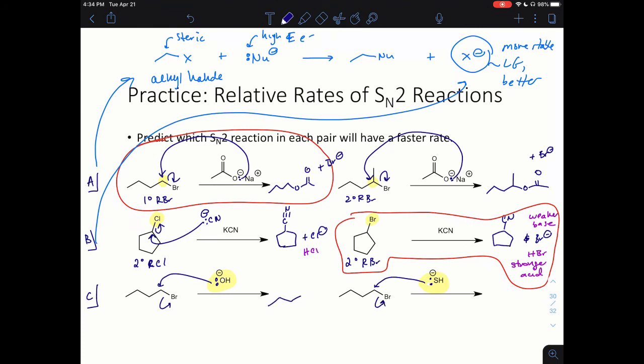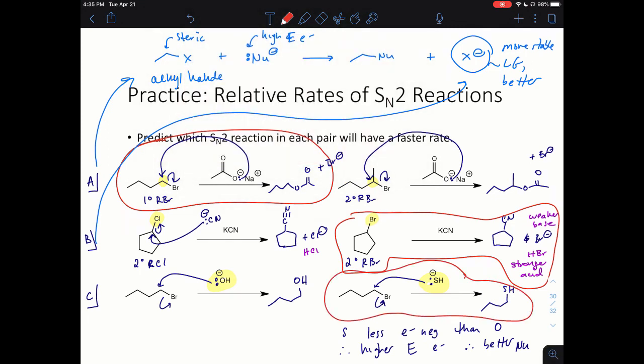Now, I think that this is one of the harder trends to remember, but sulfur is less electronegative than oxygen. And so it has higher energy lone pairs. And so it is a better nucleophile. I know it's really weird because it's a weaker base, but it's a better nucleophile. Basicity and nucleophilicity are not the same thing.